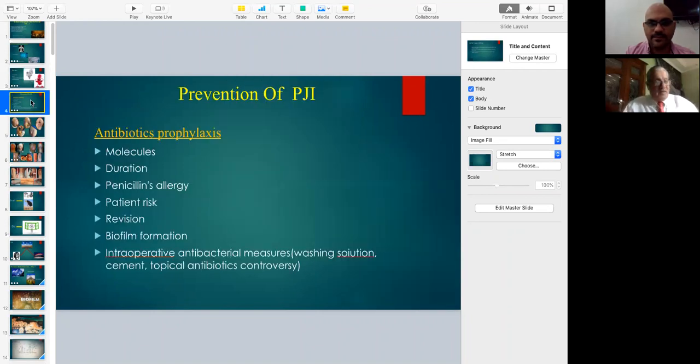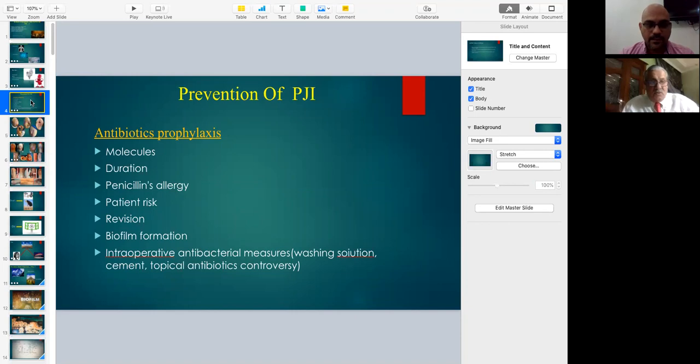Then we went further over prevention regarding the antibiotic, including the duration, given preoperatively half an hour to 1 hour prior to the surgery. And if you have an allergy, what is your plan to change the antibiotic? We also talked about the risk regarding the patient and in revision cases.